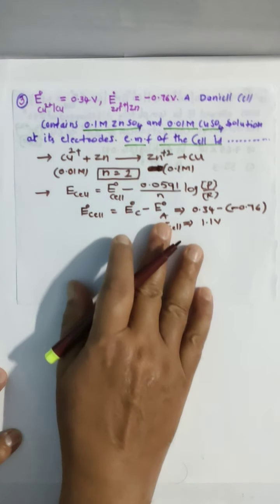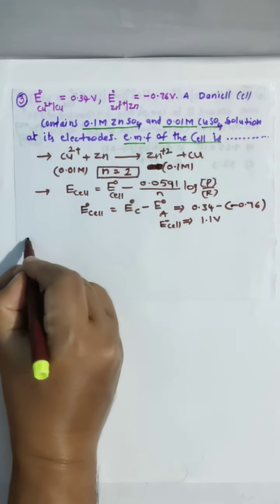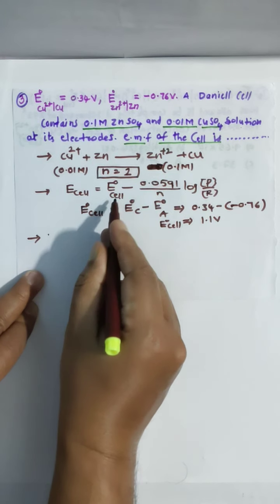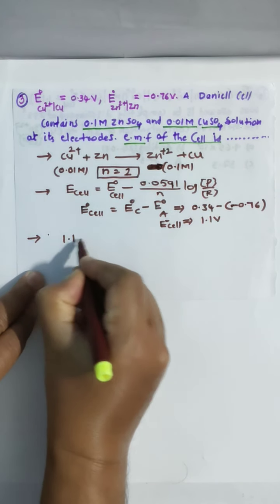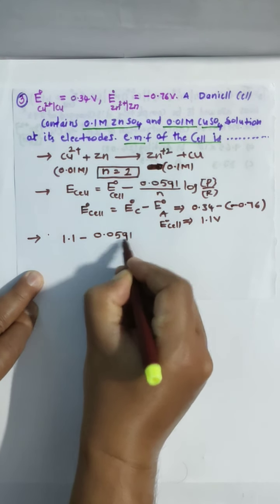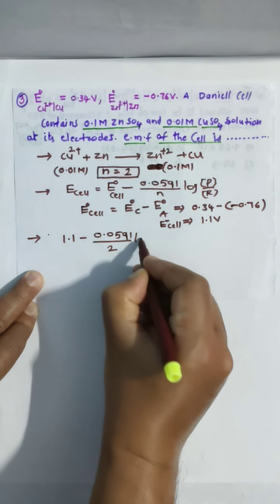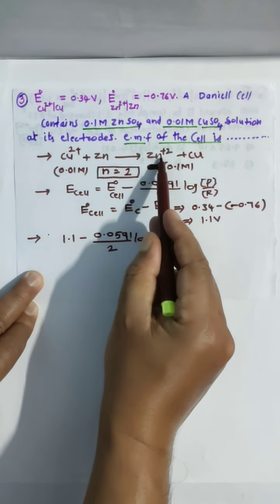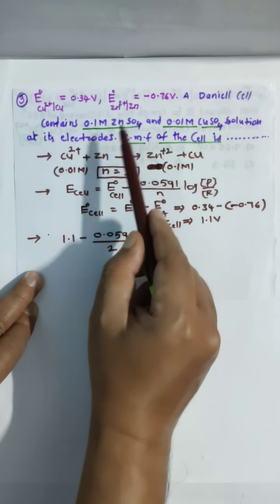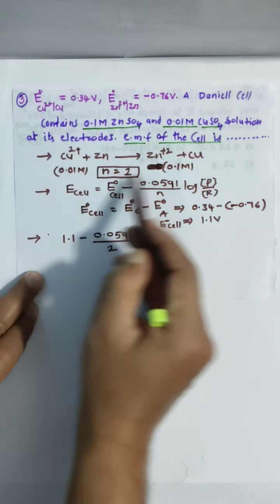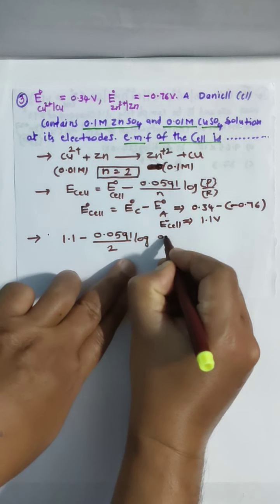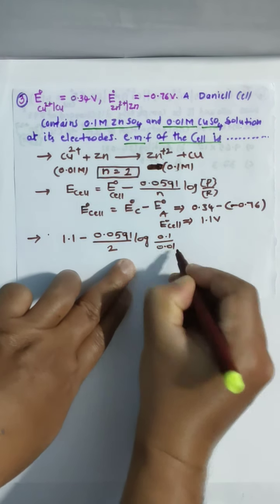Now substitute all the given values in the formula. E cell equal to E naught cell 1.1 minus 0.0591 upon n, n value 2, log of product concentration, which is Zn2 plus. Zn2 plus concentration is given, 0.1, so 0.1 upon 0.01.